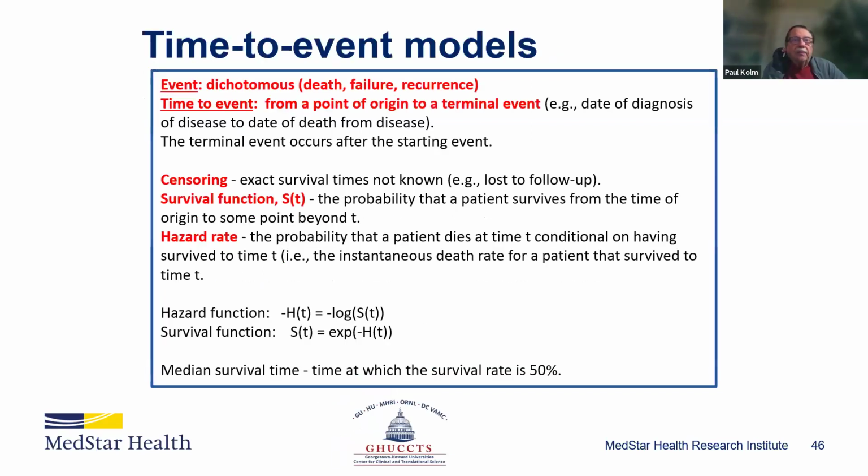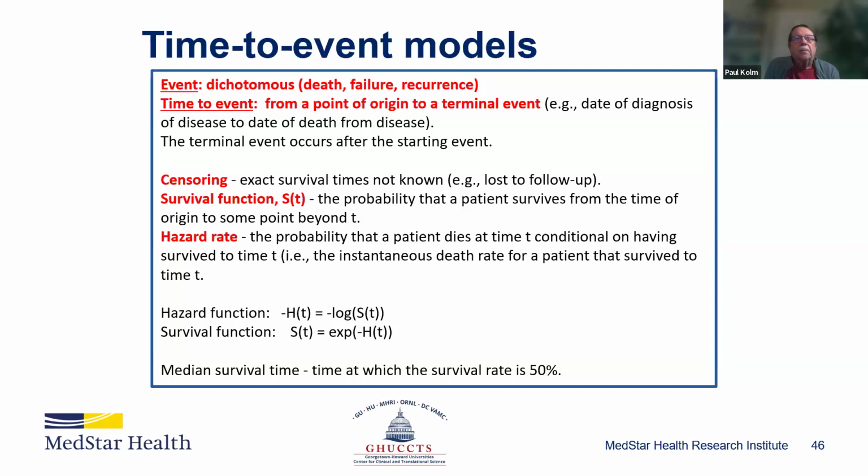And then finally here, I want to just talk about time to event models, which is another analysis that is very common in the research literature. We actually have two outcomes here. One is a dichotomous event, which could be death or could be recurrence. And then we have a time to that event, from a point of origin to the terminal event.